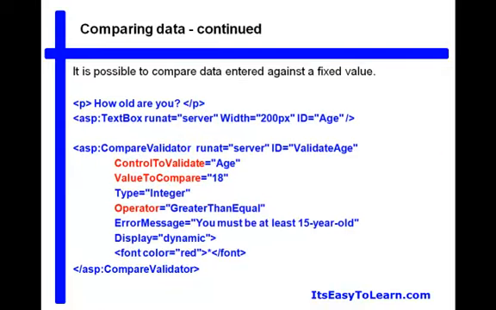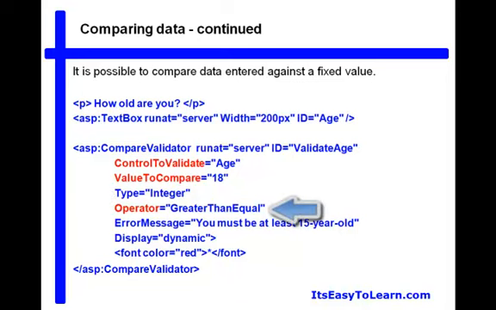Remember we had a text box which says how old are you, and we expect the user to enter age data. Again here we use a compare validator. The control to validate is the name ID of the control where the validation has to happen, and we specify a value to compare, and the type of the value that is being compared is an integer. Since this is a compare validator, we specify the operator as greater than equal.